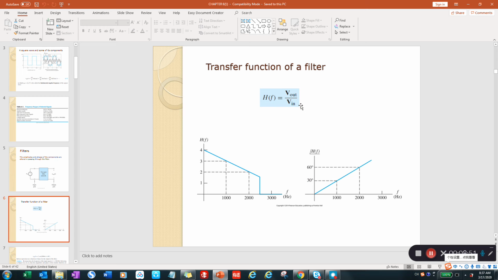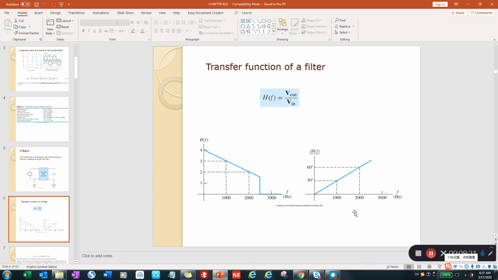The same thing for the input. They are phasors, including the amplitude and the phase information. The transfer function is the division of the output by the input, so the transfer function is also a phasor. It has both amplitude and phase information.